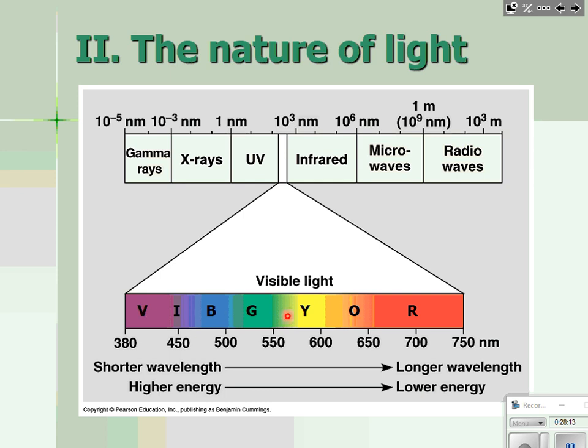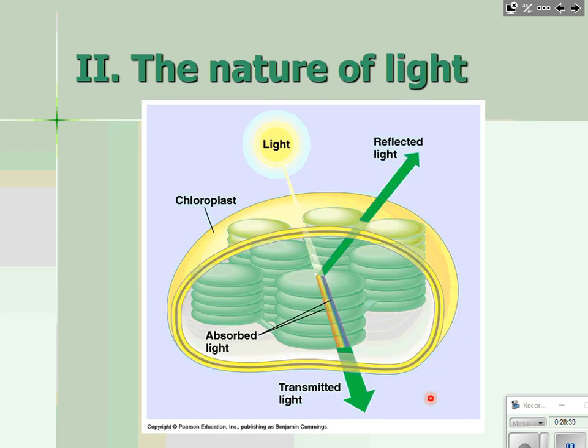So the further we go towards red, the wavelengths get slightly longer, but there's slightly less energy available. That turns out not to be terribly significant when it comes to photosynthesis, because photosynthesis is really more about which of those colors are being absorbed by the chlorophyll and which ones are not.